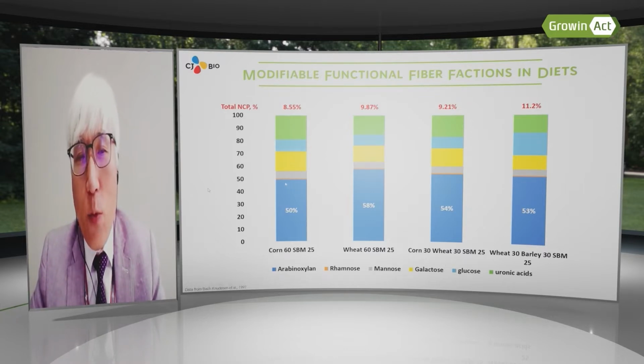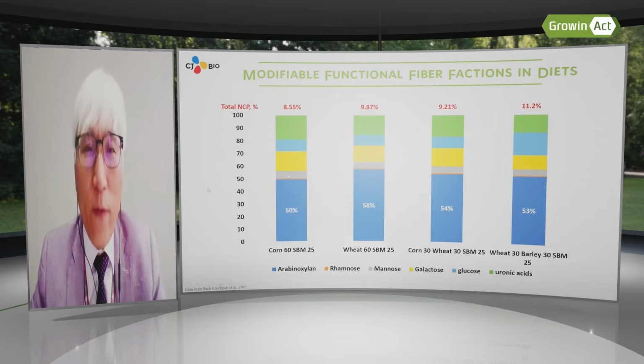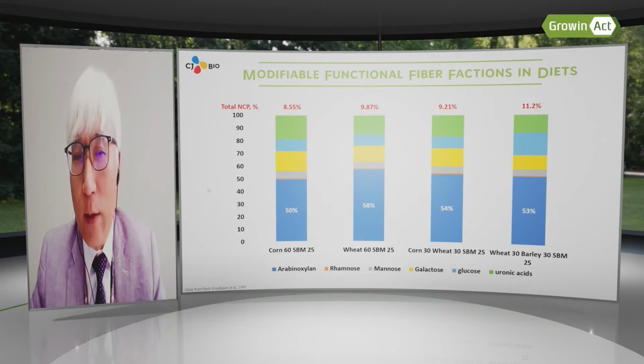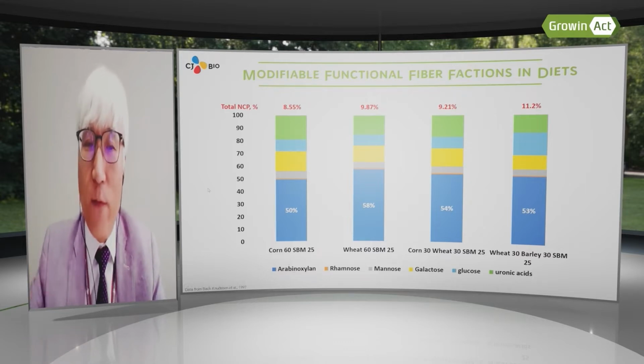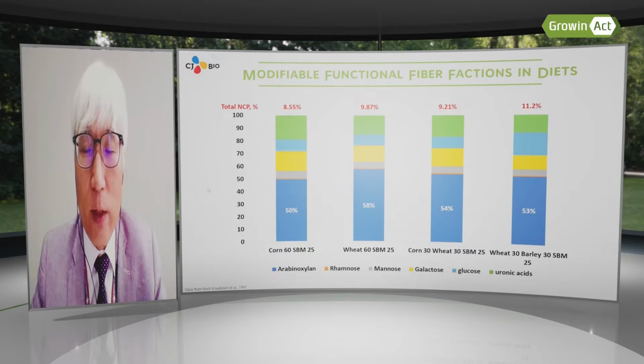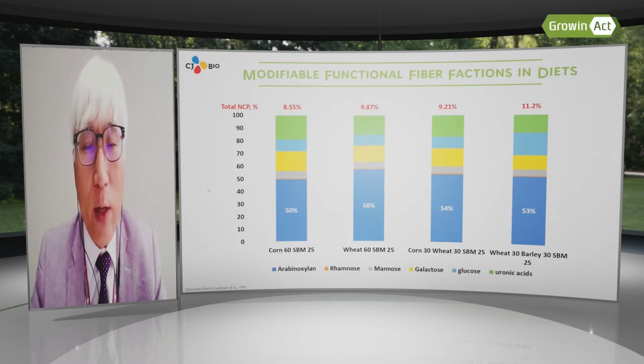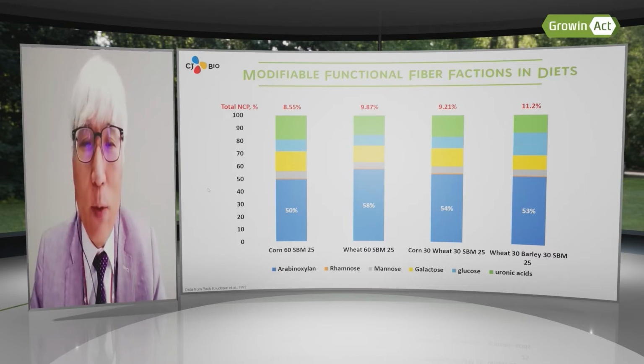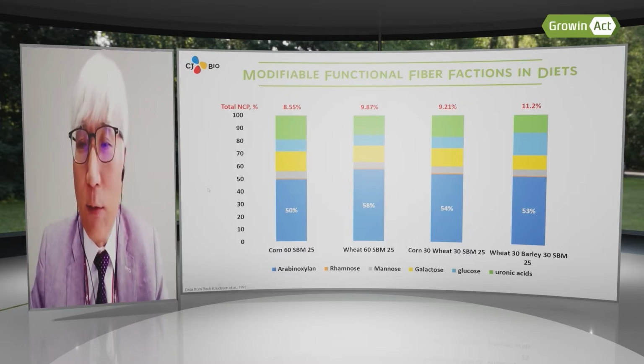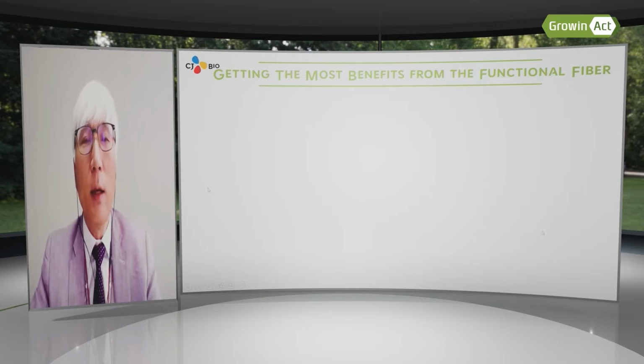But if you look at the proportion of the major modifiable functional fiber fraction, it is always arabinoxylan, which makes up more than 50% of the functional fiber fraction. This is why arabinoxylan is the major modifiable functional fiber fraction in any type of monogastric animal diet, and therefore we should target arabinoxylan for manipulation.